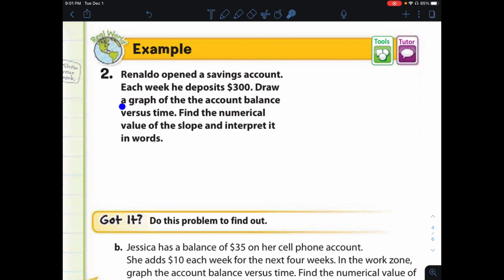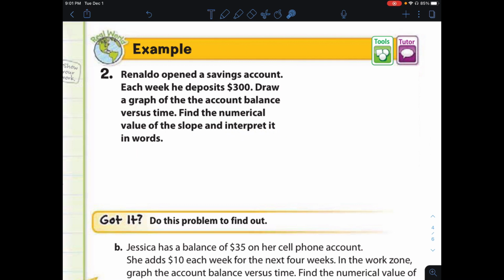Draw a graph of the account balance versus time. Find the numerical value of the slope and interpret in words. So there are 3 things that we need to do. First, we need to draw a graph of the account balance versus time. Then we need to find the numerical value of the slope. And the last part, we need to interpret it in words.